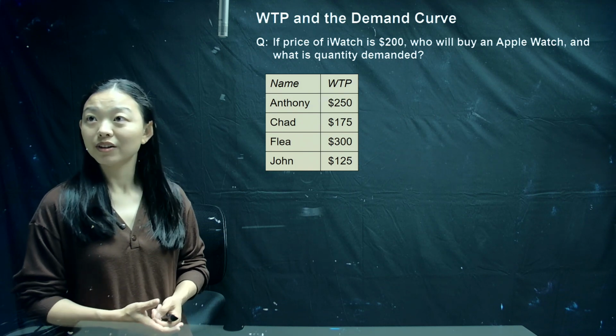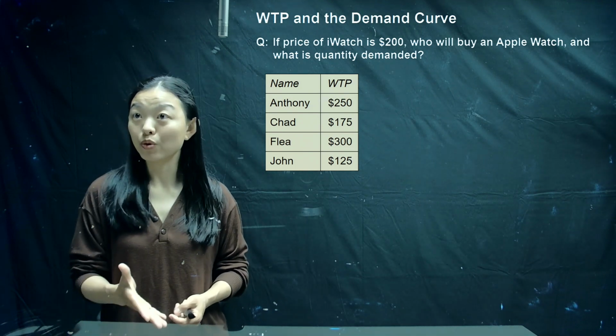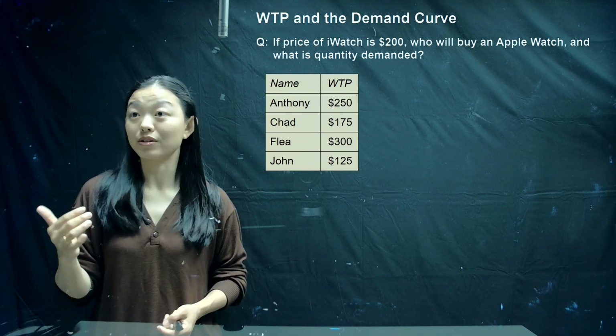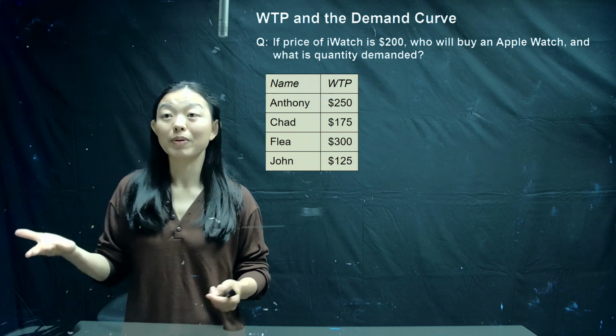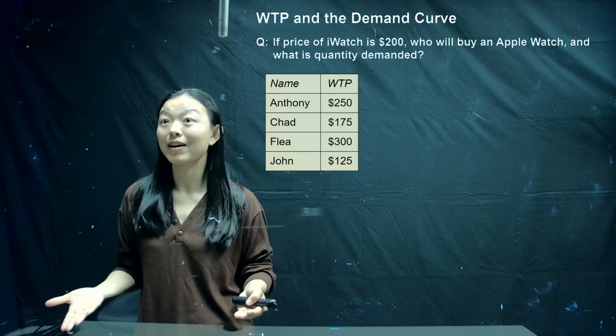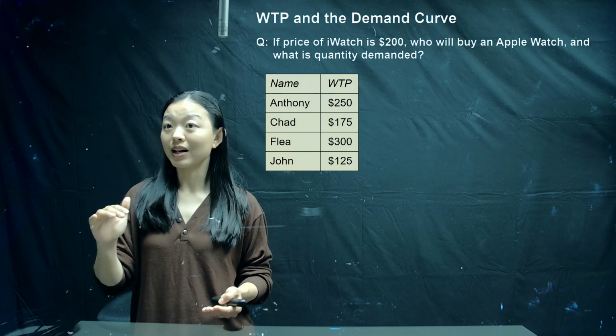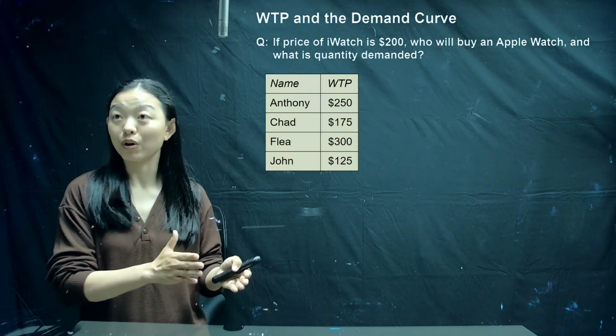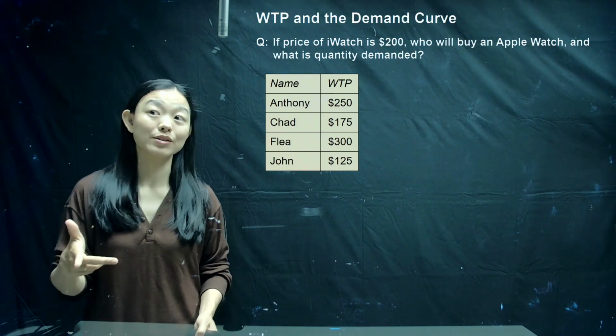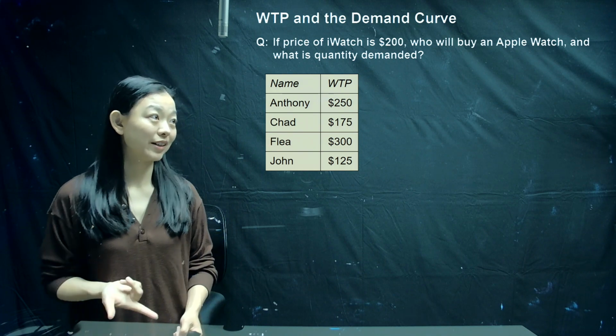How about Chad? Do you think Chad would like to pay for an Apple Watch when the market price is $200? No, because the maximum amount he would like to pay for an Apple Watch is $175, right? But the market price is $200. Therefore, Chad would not pay for an Apple Watch if the market price is $200. How about Flea?